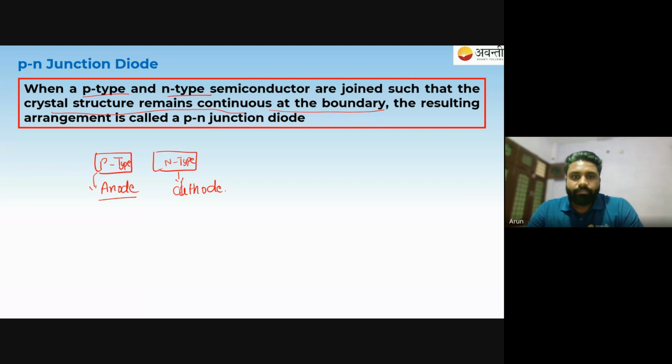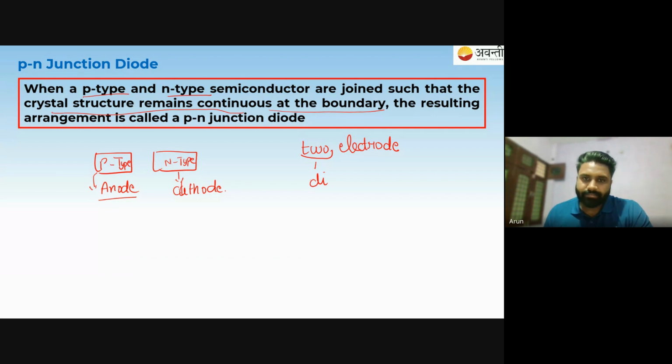Now in a p-n junction we have diffused two types of semiconductor, p-type and n-type. So we have two electrodes, one positive and one negative.